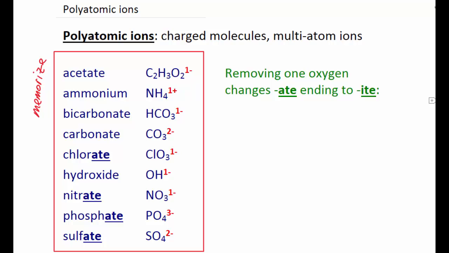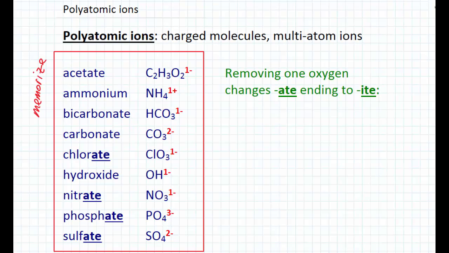Okay, so for all of these -ate ones that I've underlined, there is a related -ite ion that just has 1 oxygen removed. So let's write those. Let's write chlorite, ClO2, but the same charge.